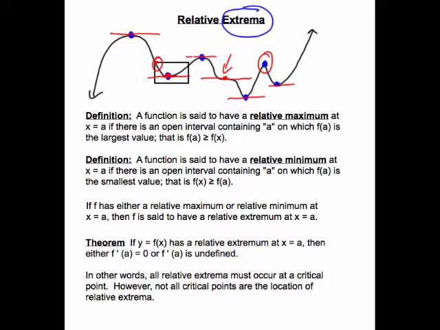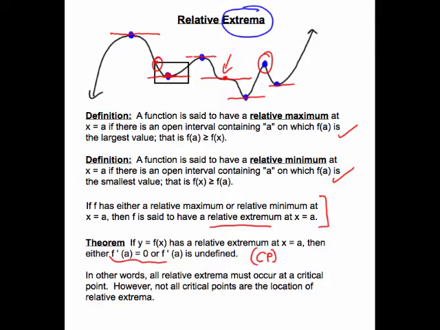Alright, so I've outlined here the definitions of relative min and relative max as I've just explained. We use the term relative extrema when referring to either a relative min or a relative max. And the theorem, just to summarize, is that if a function has a relative extrema, minimum or maximum at x equals a, then it will occur at a location where the derivative is 0 or undefined, which, remember, is a critical point.